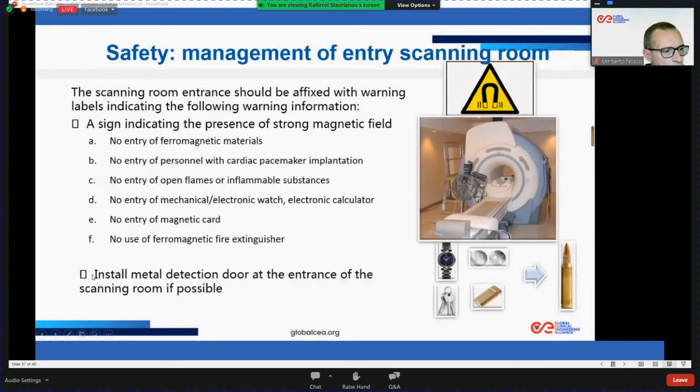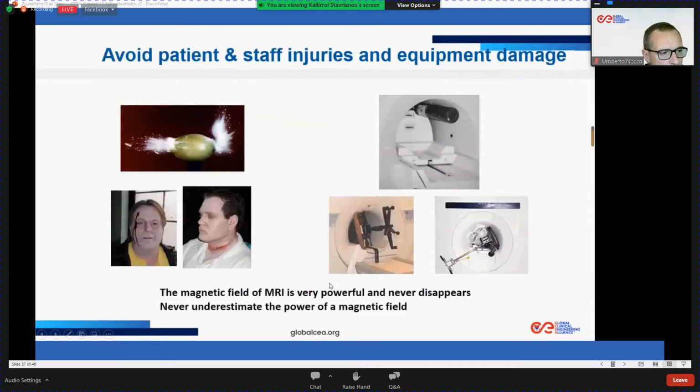If possible, maybe we can install metal detection doors at the entry of the scanning room. That avoids the patient or staff being injured and the equipment damaged.